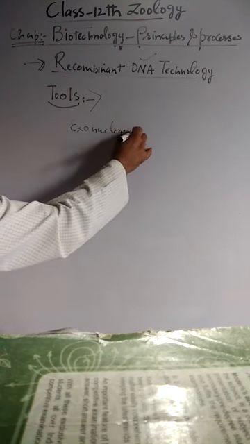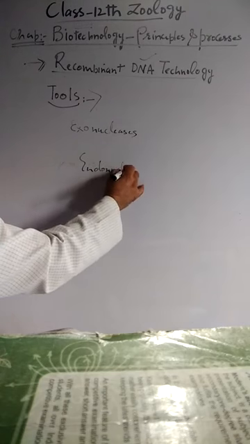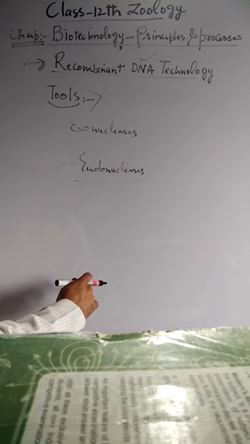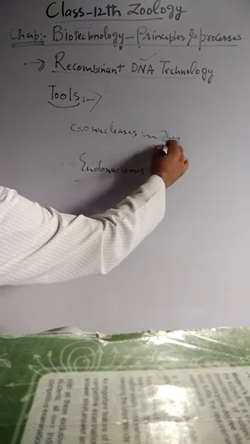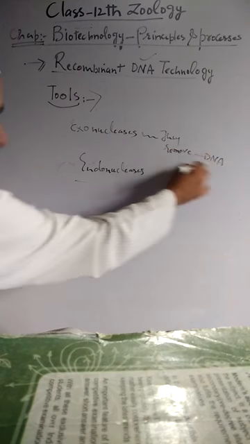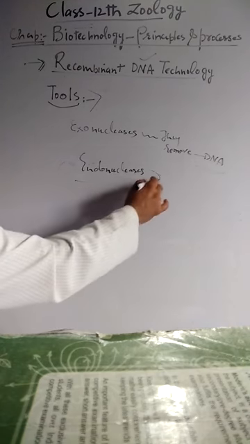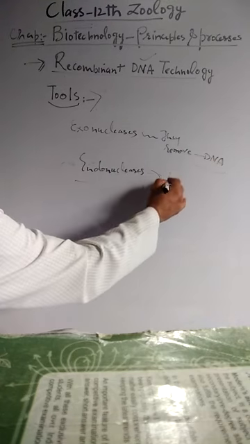Exonucleases can remove nucleotides from the ends of the DNA. The endonucleases make cuts at specific points within the DNA.